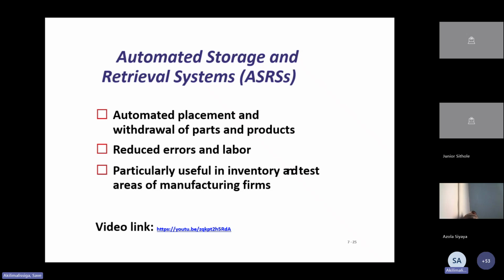When we are talking about automated storage and retrieval systems, we are basically referring to the automation that is used, whether in manufacturing or in the service sector, in storing parts or items in a specific location, and also withdrawing those items without the use of labor or people within that working environment.